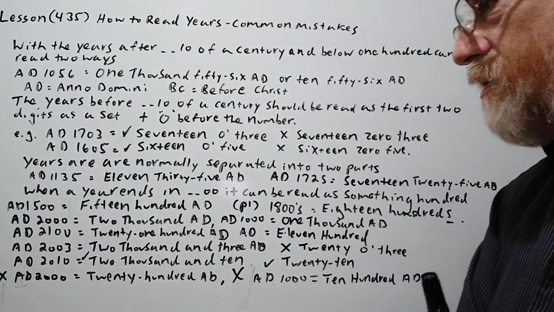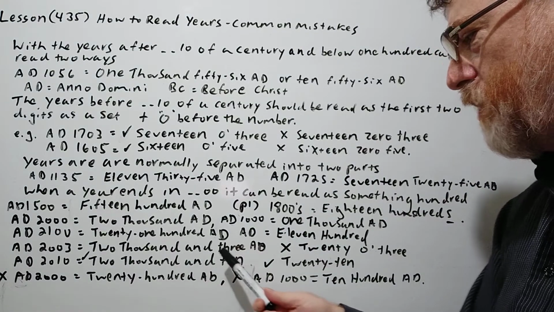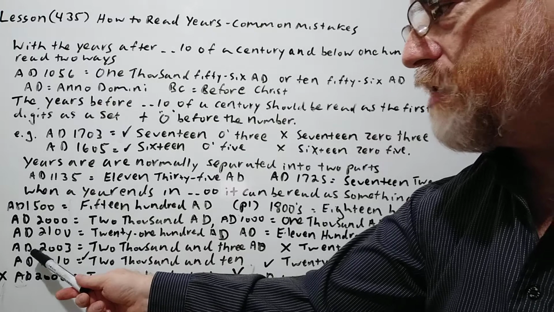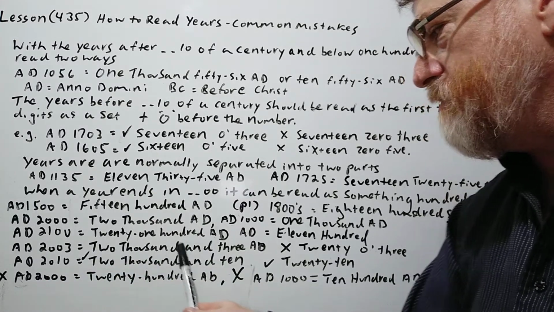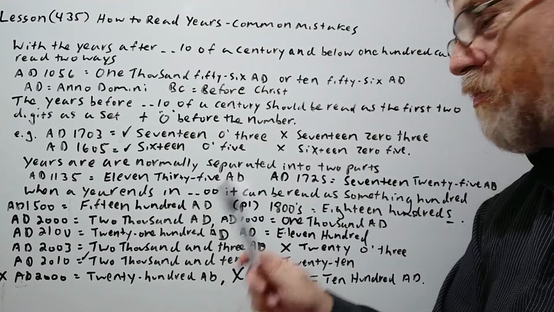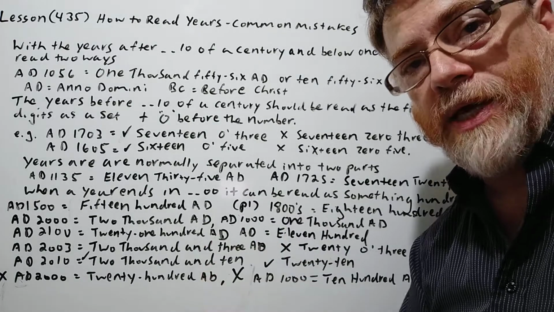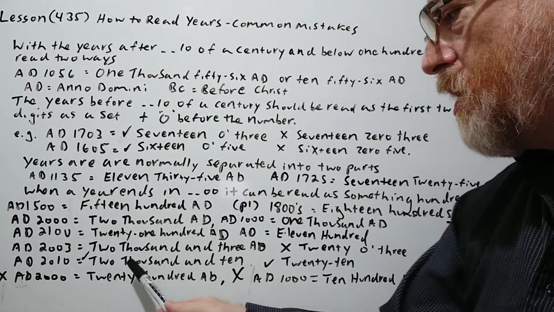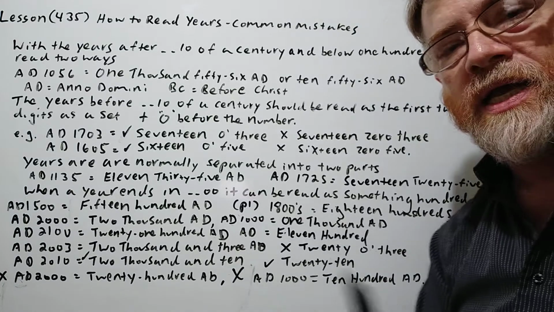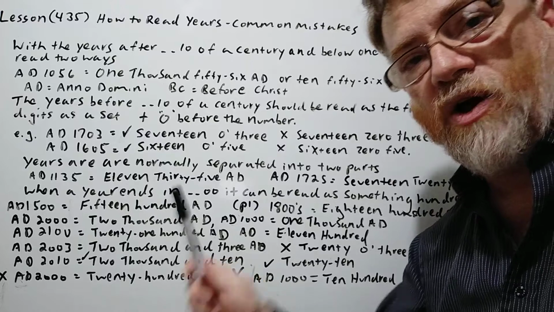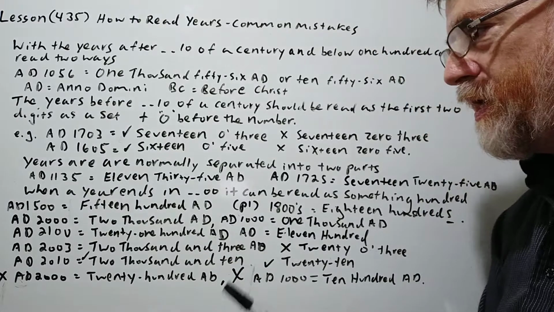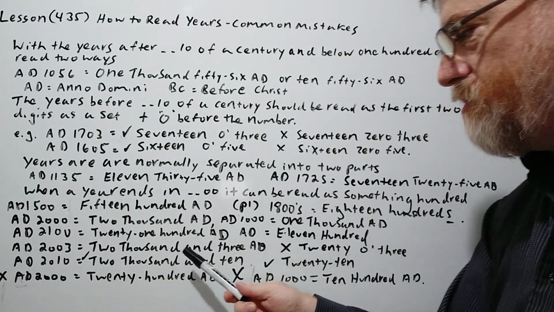Okay, and let's continue here. Again, we also use the "oh" here. When you see AD 2003, we read it as two thousand three, or twenty oh three. So we don't read it with an "oh" like we do with the other ones, like sixteen oh five, seventeen oh three. When the year is under 100, you read it as "and".